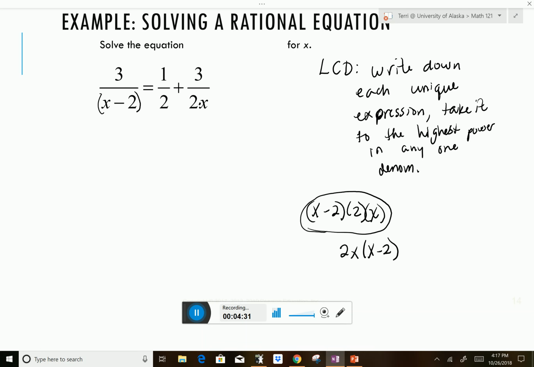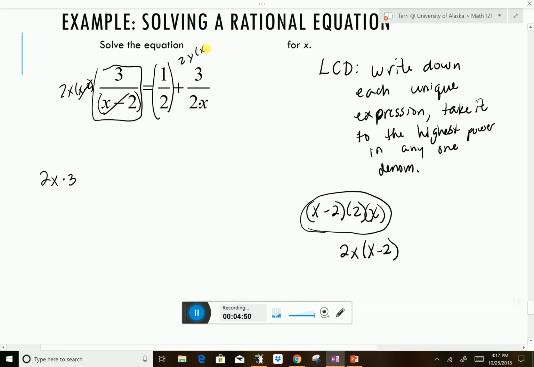So we're going to start with this one. What's missing in x minus 2? If I go 3x times x minus 2, I cancel those two out and I have 2x times 3. Now I'm going to multiply 1/2 times 2x times x minus 2. Every single term gets multiplied.